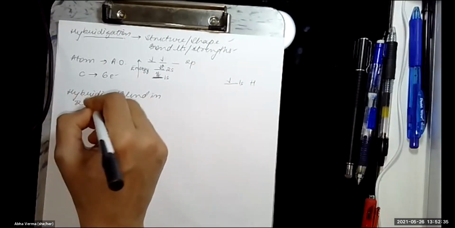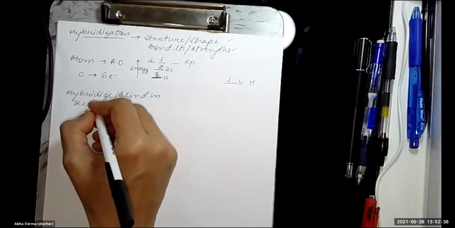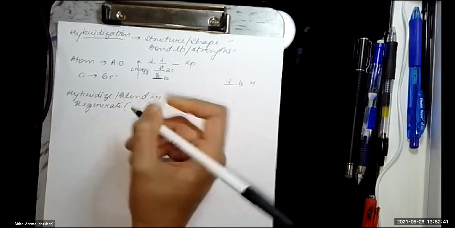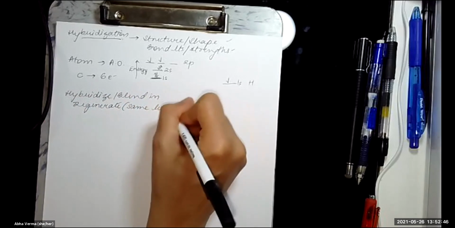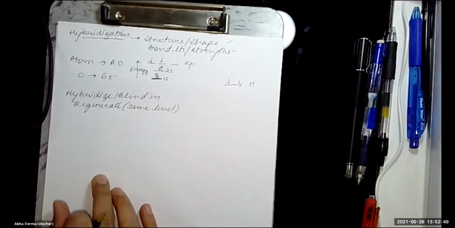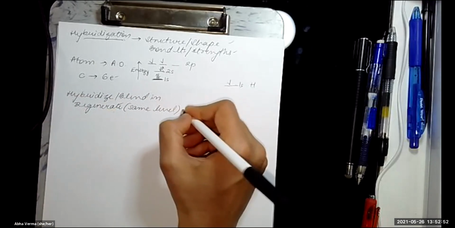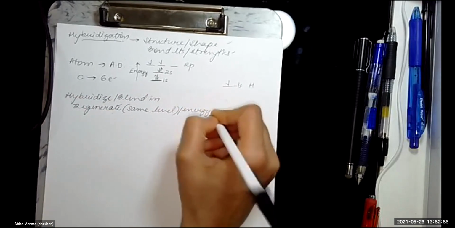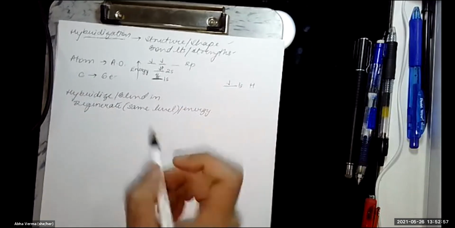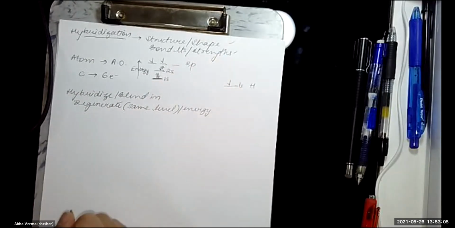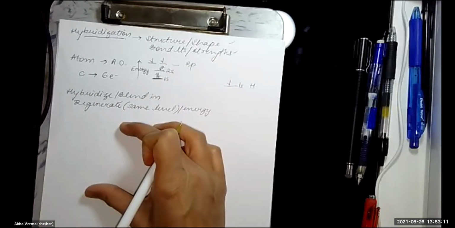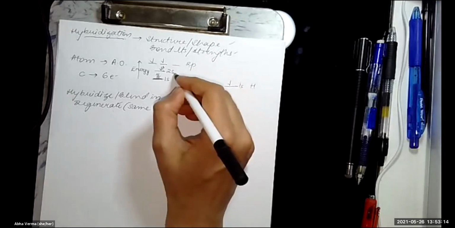Now there's a word that I want all of you to know: degenerate. Degenerate means same level, or something very similar to that. We say degenerate levels and degenerate energies also. Why do we say that? What happens in carbon is the s orbital and the p orbitals become degenerate.